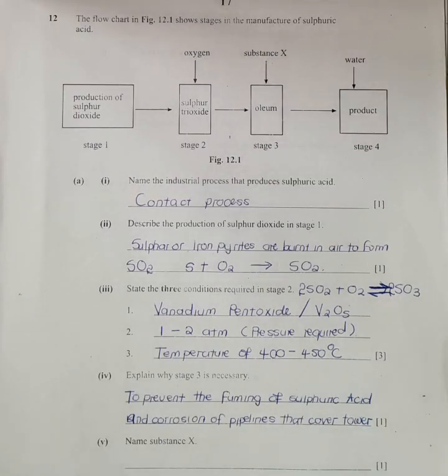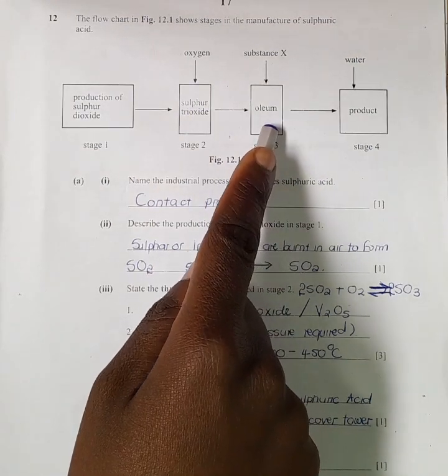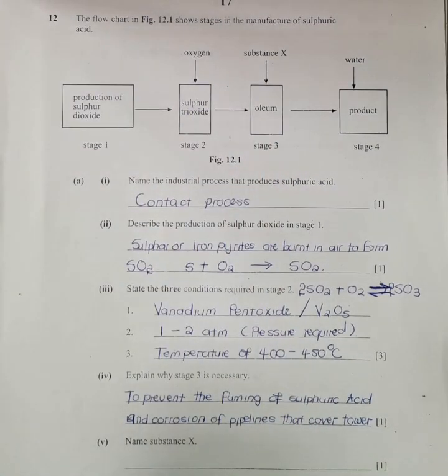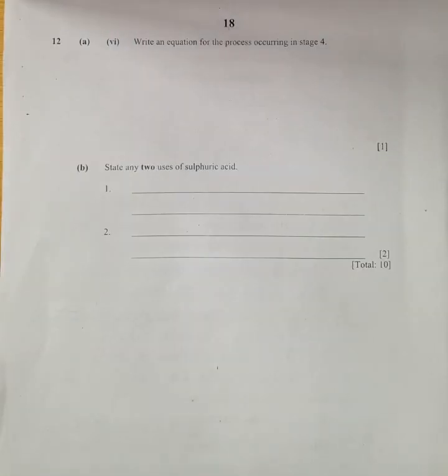On part 4, we want to name the substance X, the substance that is going to react with sulfur trioxide to get oleum. It is sulfuric acid, concentrated sulfuric acid. And then number 12A, part 6, we are supposed to write an equation for the process occurring in stage 4.